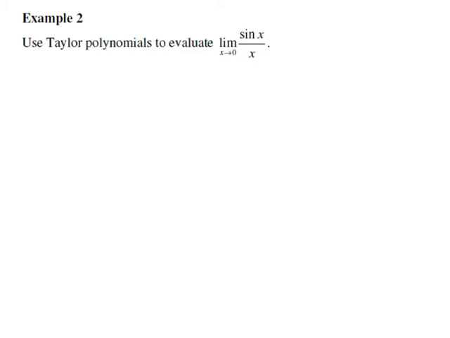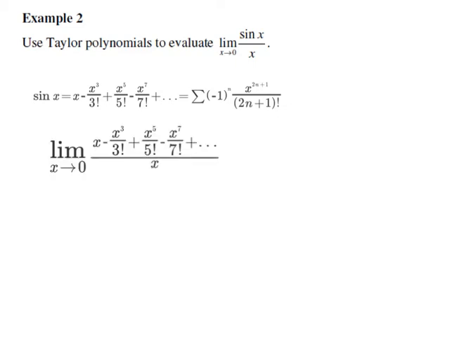And so we're going to take what we know about sine x as its Taylor series. Sine x is my odd series. It's x minus x cubed over 3 factorial plus x to the 5th over 5 factorial, and so on. And I can take the limit as x approaches 0 of those terms divided by x. I know it says to use a Taylor polynomial, but I'm going to use a Taylor series. So the limit as x approaches 0 of x minus x cubed over 3 factorial plus x to the 5th over 5 factorial and so on, all over x.